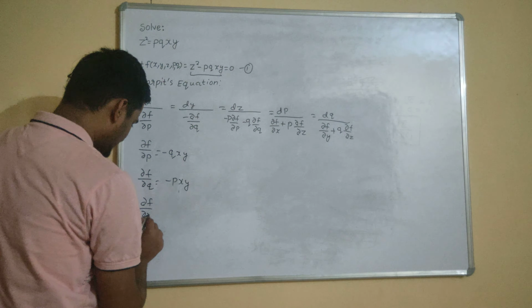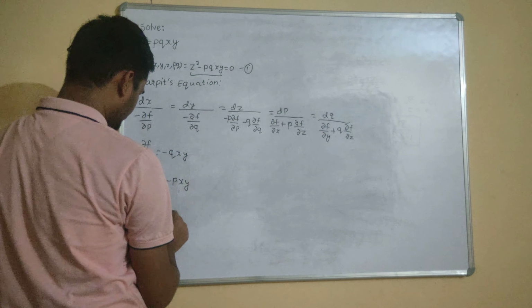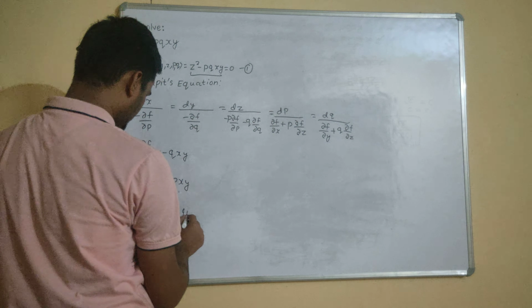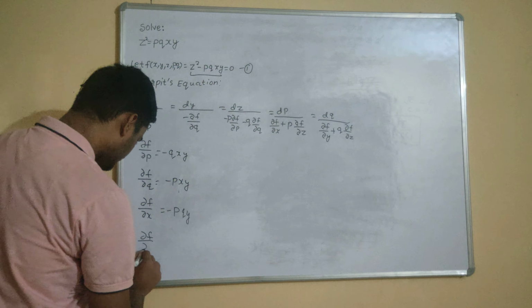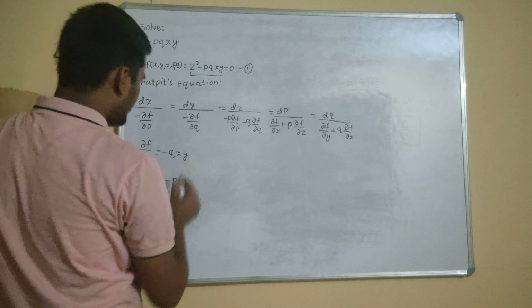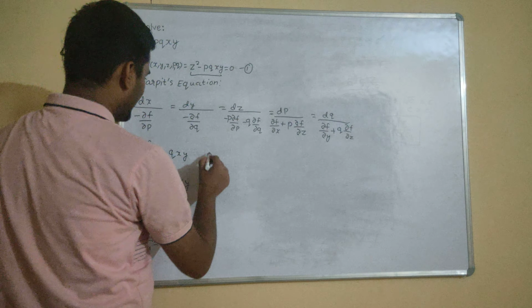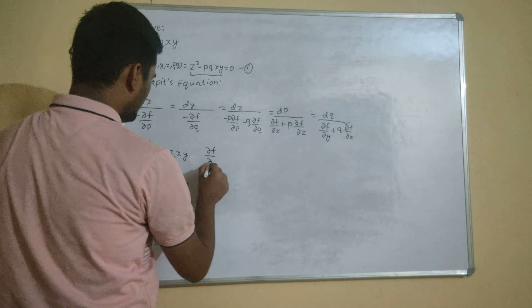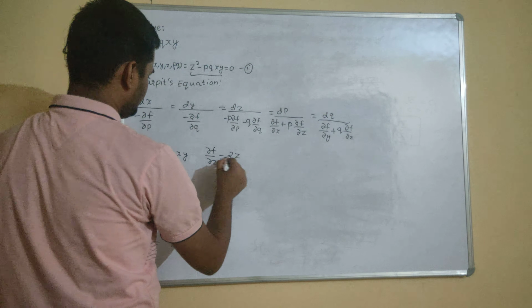Del f by del x: first term again 0, minus pqy. Del f by del y: first term again 0, minus pqx. And at last del f by del z, which will be obtained from the first term, which is 2z.